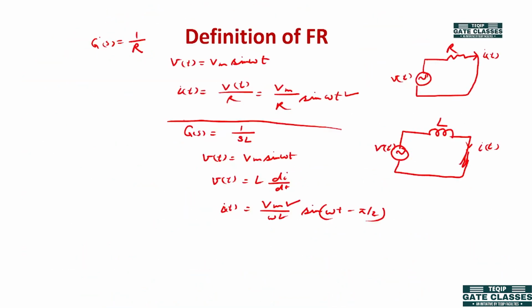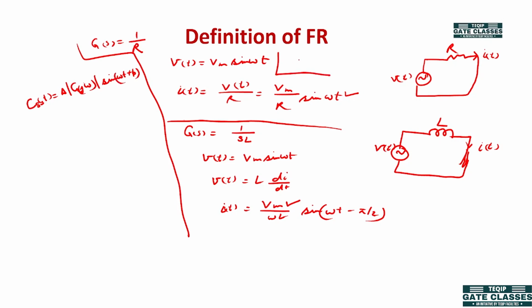If we go back to the slide, what we get here is the steady state response equal to A magnitude G(j omega) into sine(omega t plus phi). For the first case, we have G(j omega) equal to 1 by R, that means phi is equal to 0 and magnitude of G is 1 by R, and the magnitude of input A is Vm.